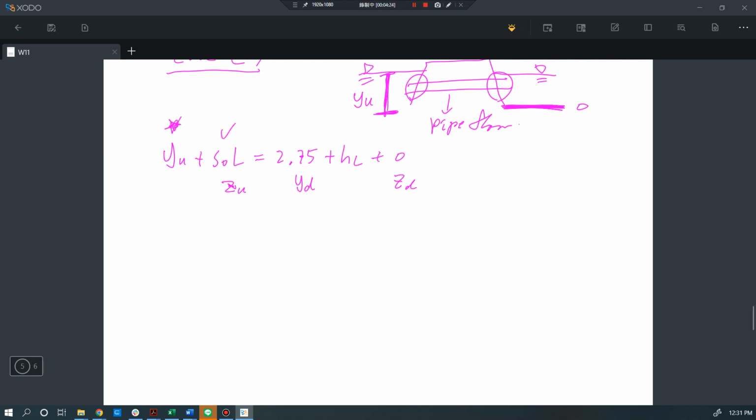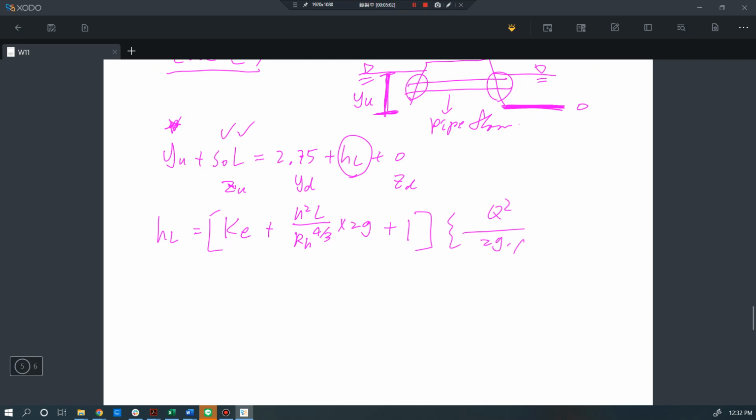We know the slope, we know the length, and we want to calculate these head losses. The head losses have the equation shown here, times 2G, plus 1, Q squared divided by 2G times A squared.